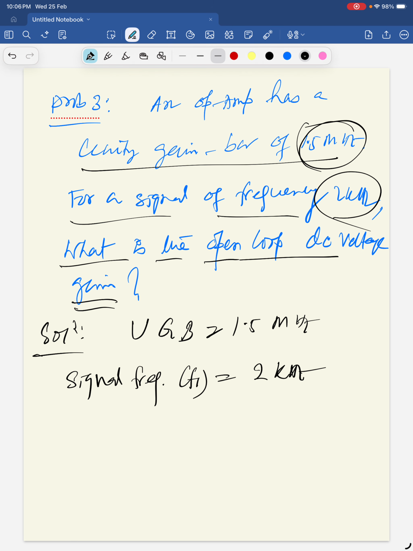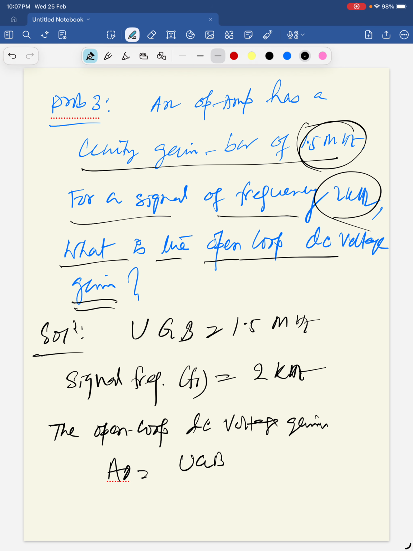So there is a relation. My dear students, you please remember the formula: the open loop DC voltage gain A0 is equal to UGB, unity gain bandwidth, divided by f1, that is the signal frequency.